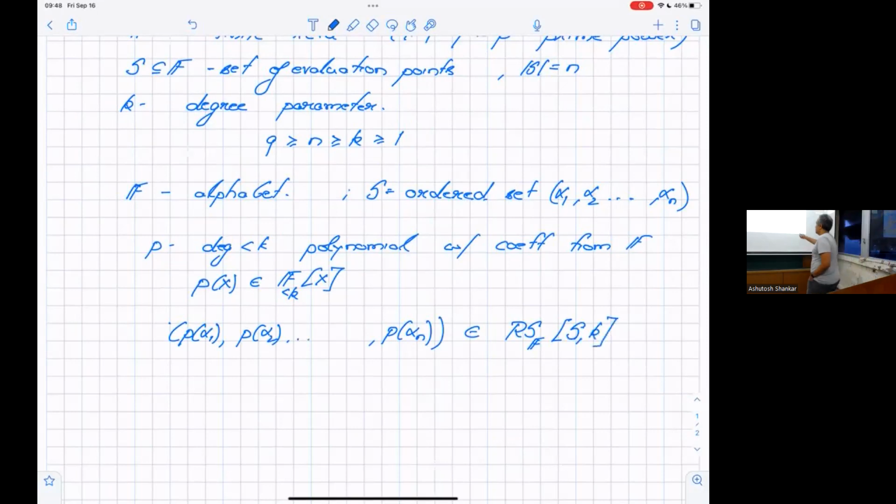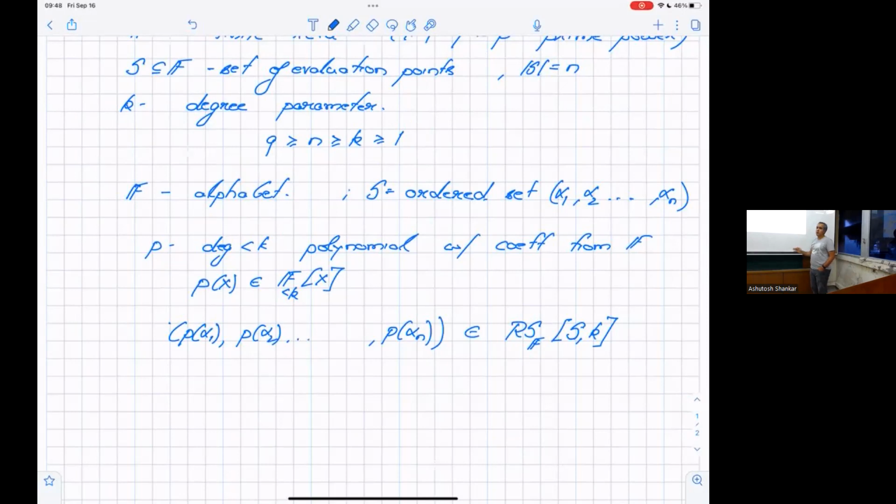I don't think there's a standard definition of the notation for this lecture, but there are various ways of writing this. You follow what the Reed-Solomon code is. For every polynomial P that you take this way, write down its evaluation vector on the list of points, and that is a member of the Reed-Solomon code.